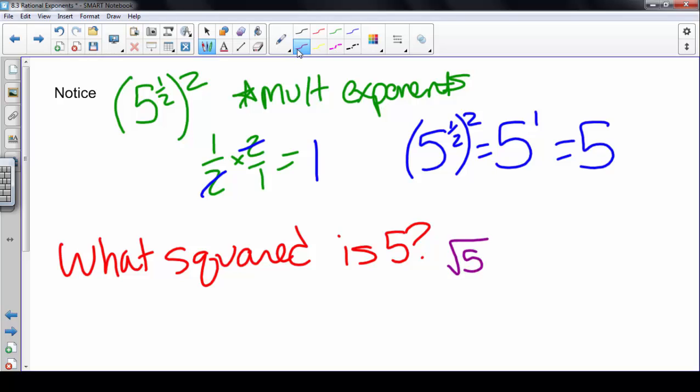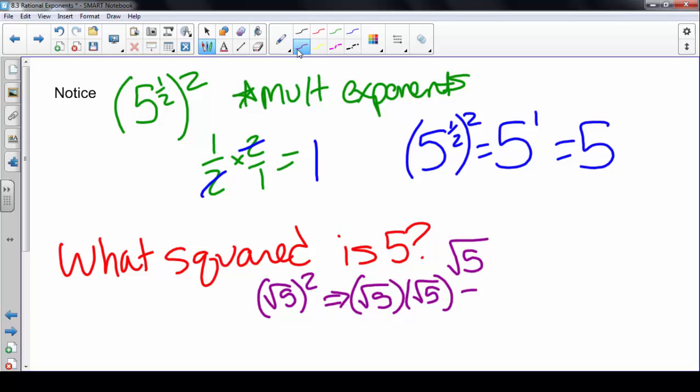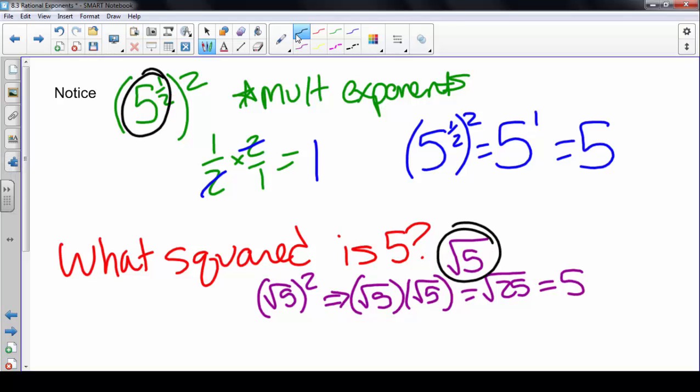Because if you look at it, square root of 5, when we square that, that's the same thing as root 5 times root 5, root 25, which is 5. So what that tells us is that this 5 to the 1/2 is the same thing as the square root of 5, because both of them, when we square it, give us 5.